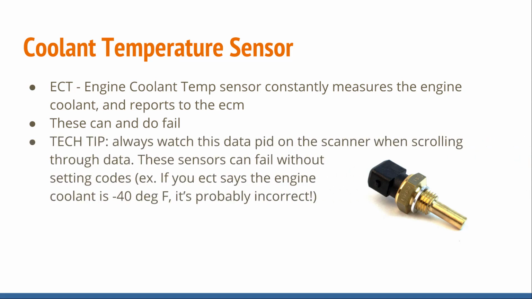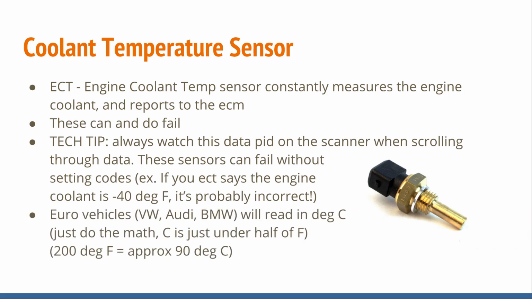Always watch the data pad on the scanner when scrolling through data. These sensors can fail without setting codes. Example, if you notice on your scanner as you're scrolling through it that your engine coolant temp says -40, that's probably incorrect. Unless you live somewhere where I don't ever want to be, that's definitely incorrect.